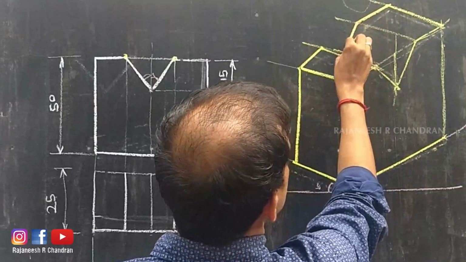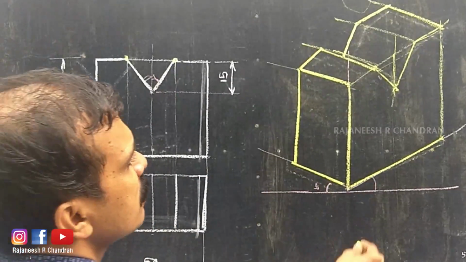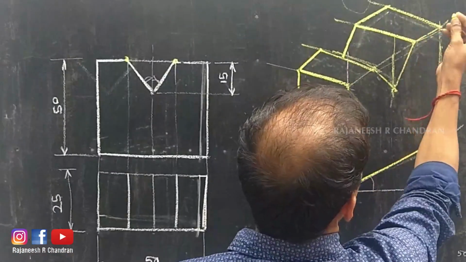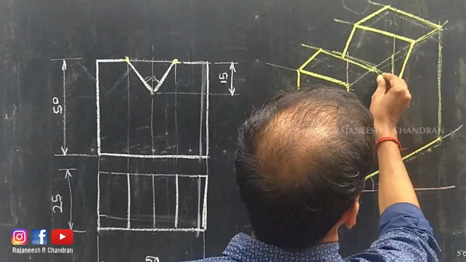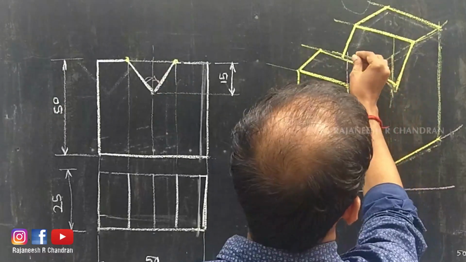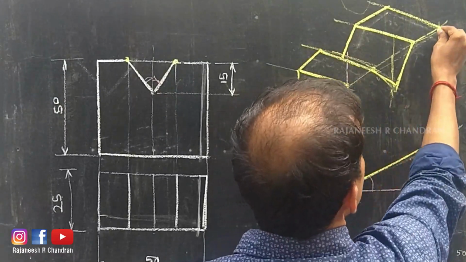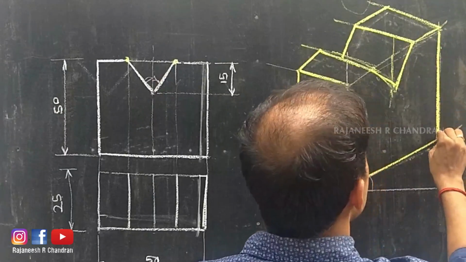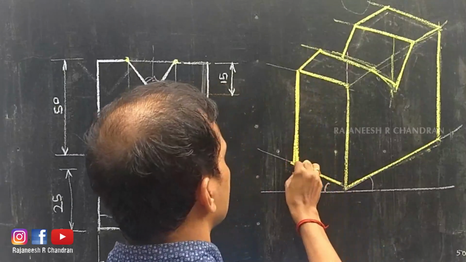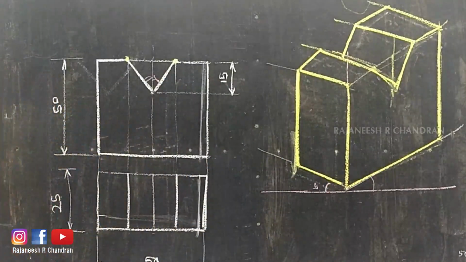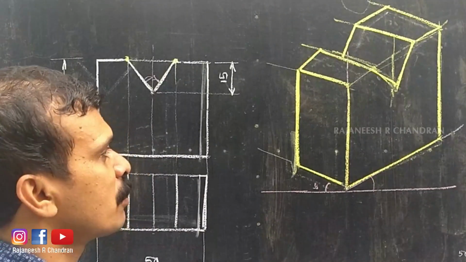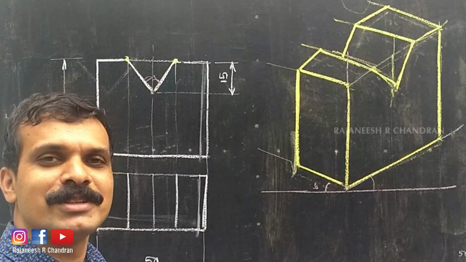Somewhere here it will come. So that this is the corresponding isometric view of the V block.